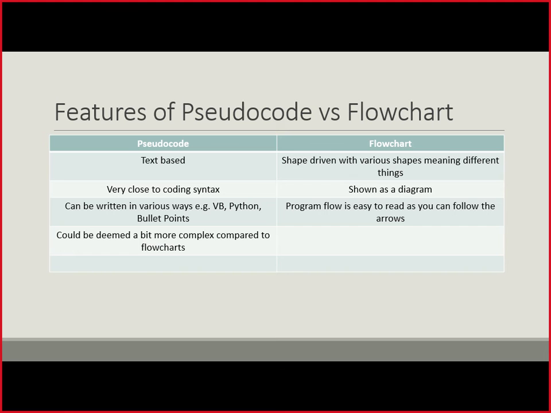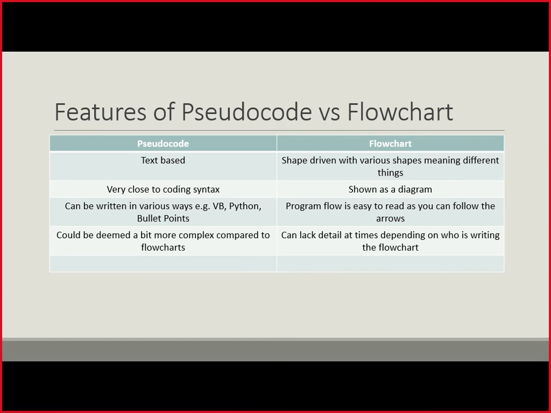I've looked at some other people's flowcharts, and they haven't added any arrows in, so you don't know what way you're going. Okay, but it can lack detail at times, depending on who is writing the flowchart. So sometimes you might not get the amount of detail that you need compared to pseudocode. Okay.